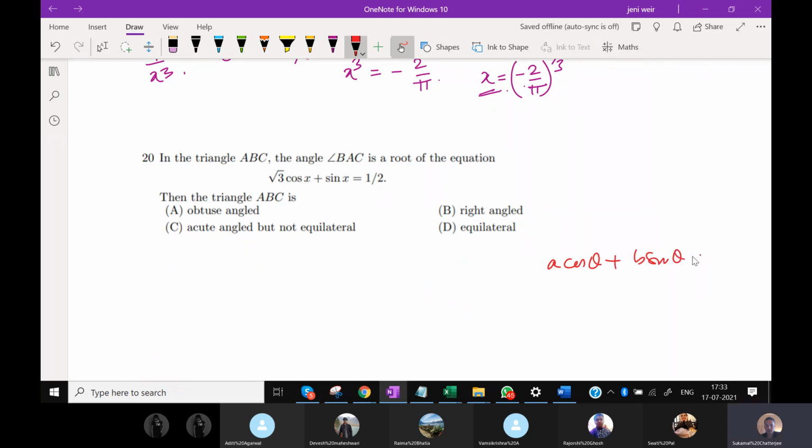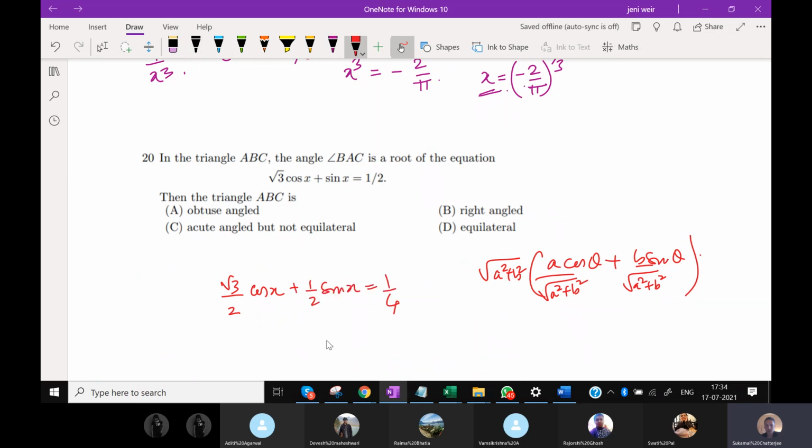So whenever you have an expression of the form, what do you do? You multiply and divide by root over a square plus b square to convert it into a form of sine or cos of alpha plus or minus theta, right?